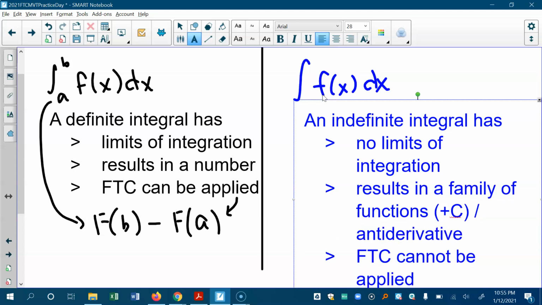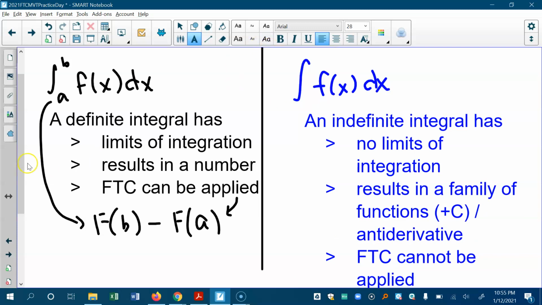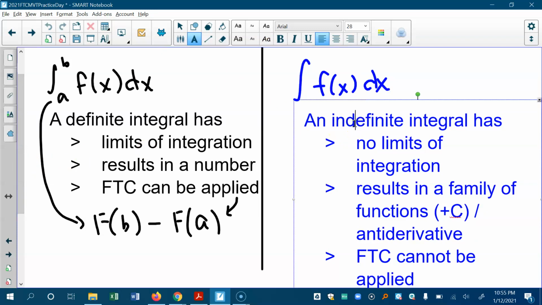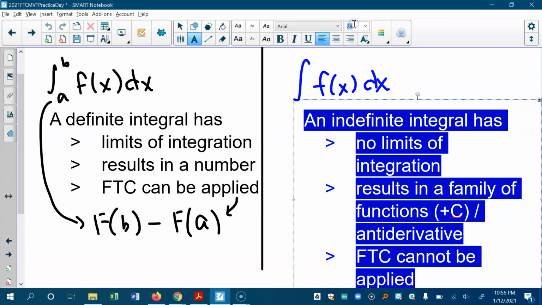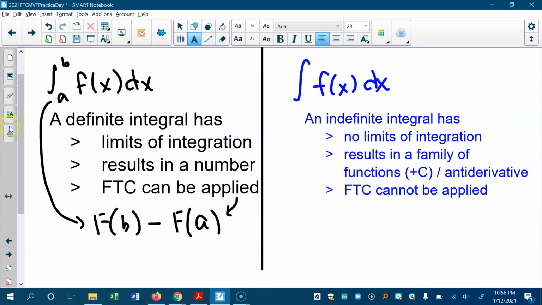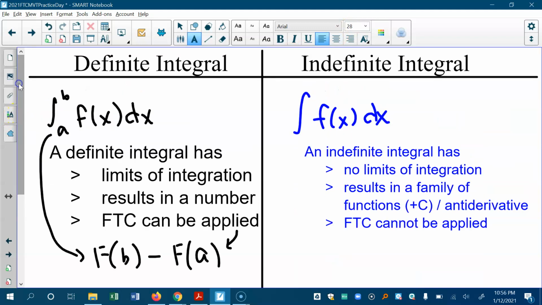I'm going to add up here that this is also resulting in an antiderivative. So please take your time to go ahead and copy these down. I'm just going to reduce the font here so we can get this all on one screen. And we'll go to the next slide.